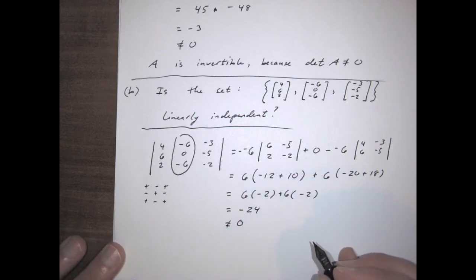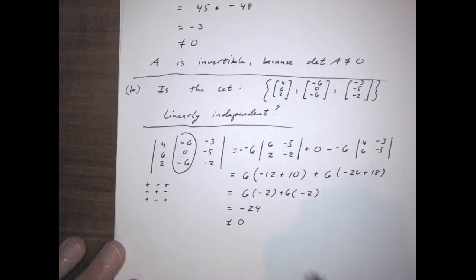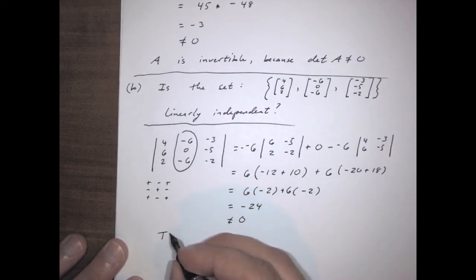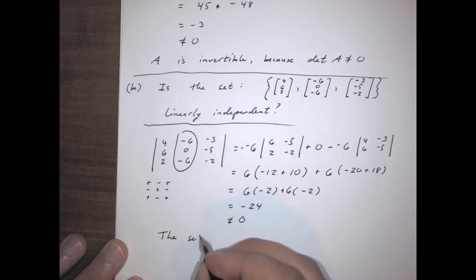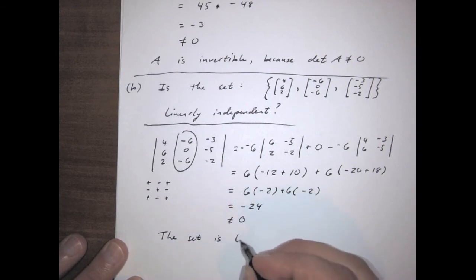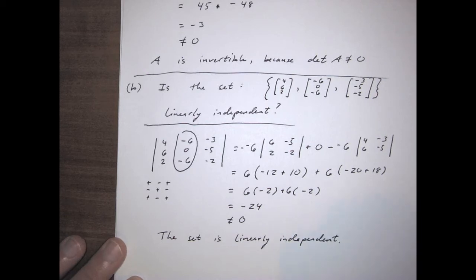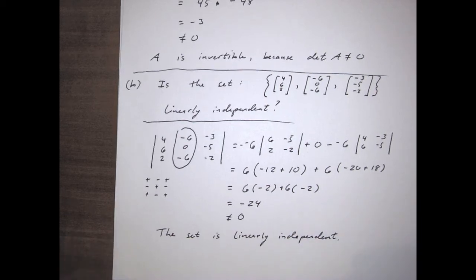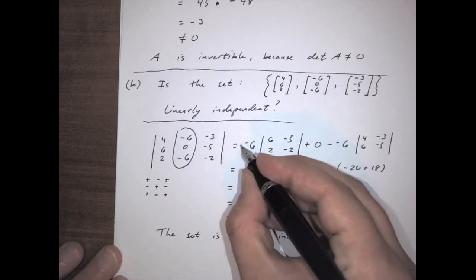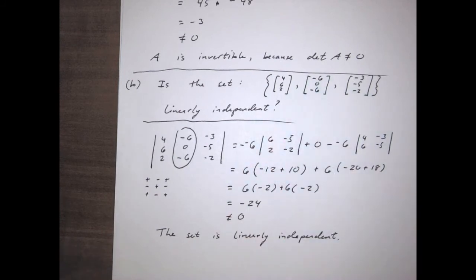And the takeaway from that is that what we are talking about here is a linearly independent set. If the determinant had been 0, then that would mean the set was linearly dependent. And we can say that without even knowing any linear relation between them.